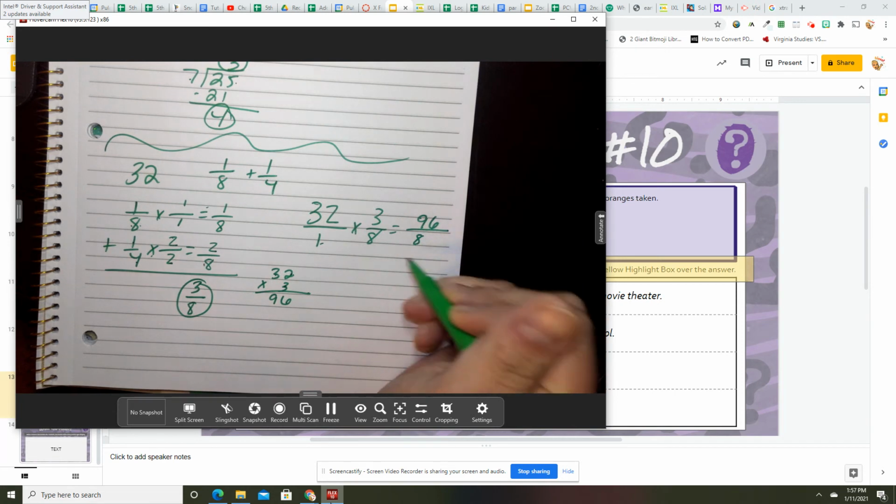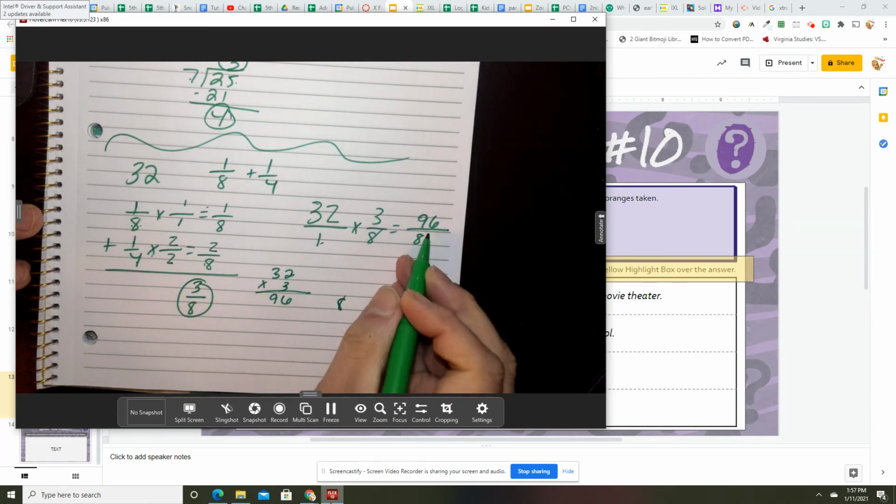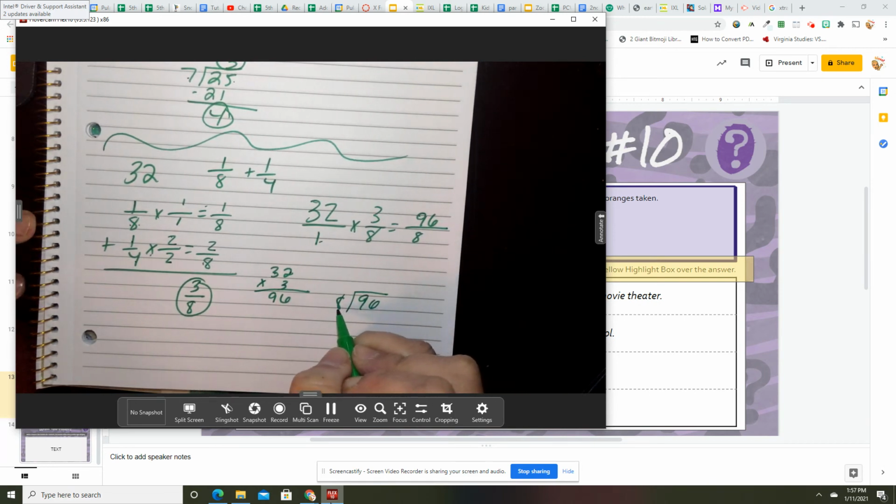Now I need to divide one more time to get my answer, because that's an improper fraction, and I want a mixed number. 8 goes into 9 one time. 1 times 8 is 8. Subtract that and you get 1. Bring down your 6. 8 goes into 16 2 times. 2 times 8 is 16, and that is 0.